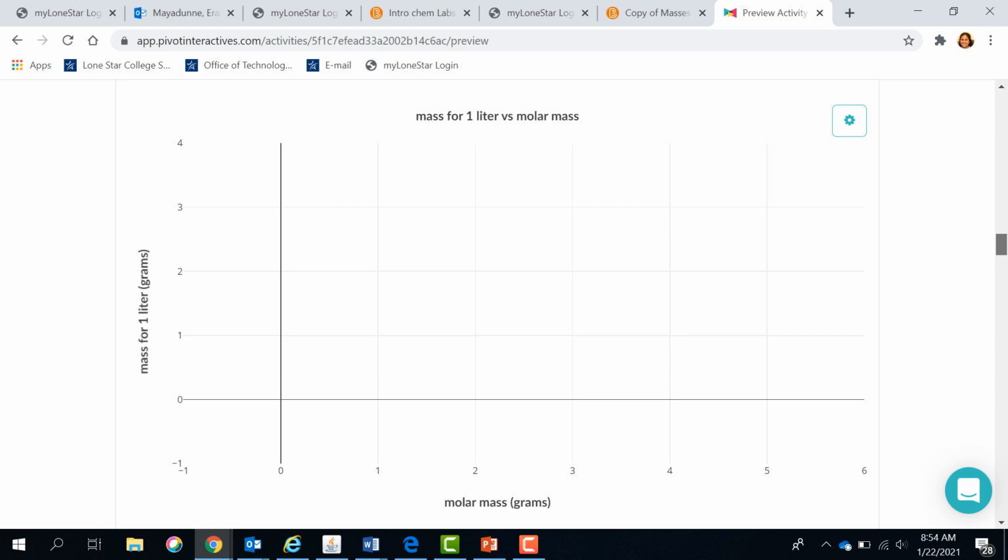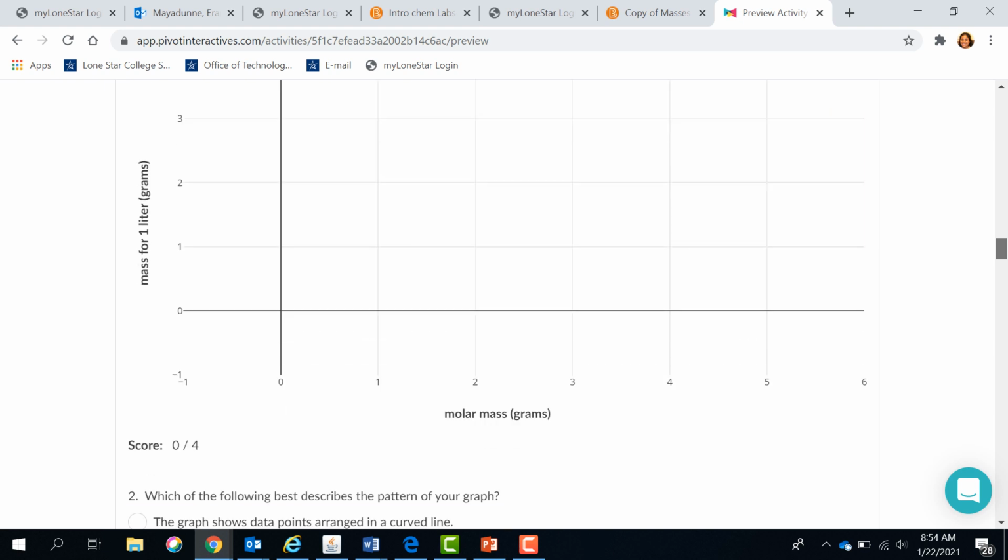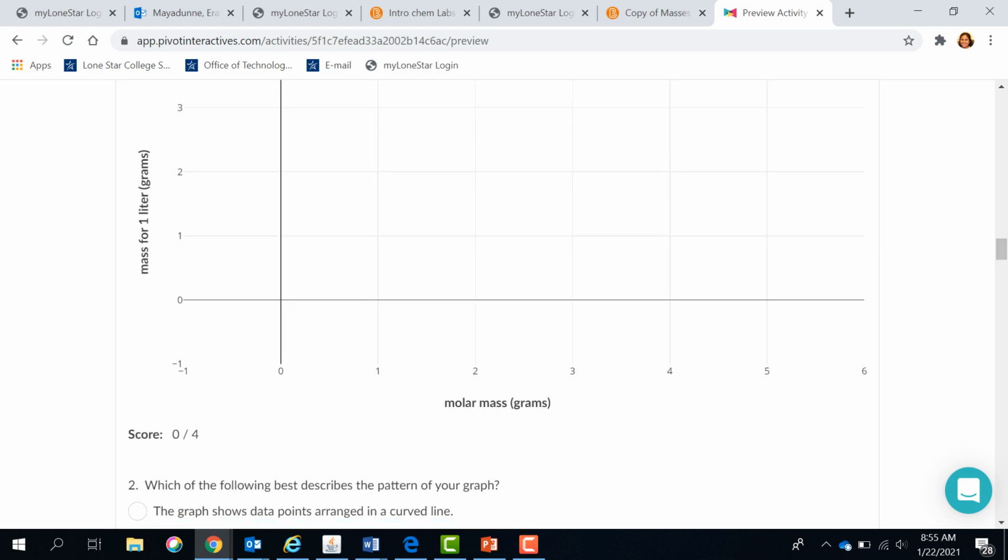When you plot the graph, you have to come up with the units for the slope. Mass is in grams, per liter, so grams divided by L. Molar mass is grams per mole. That is the unit for the molar mass.